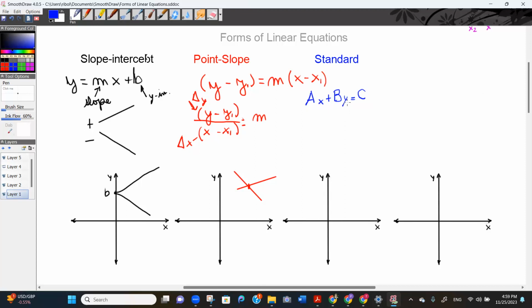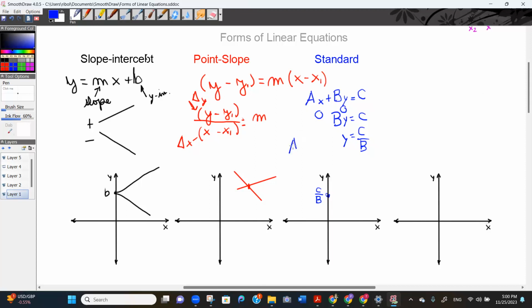If we want to find the y-intercept, we assume that x equals 0, and so this whole term goes away, and we end up with B y equals C. And so the y-intercept is going to be C over B. If we want to find the x-intercept, then we assume that y is 0, and then this whole term goes away.